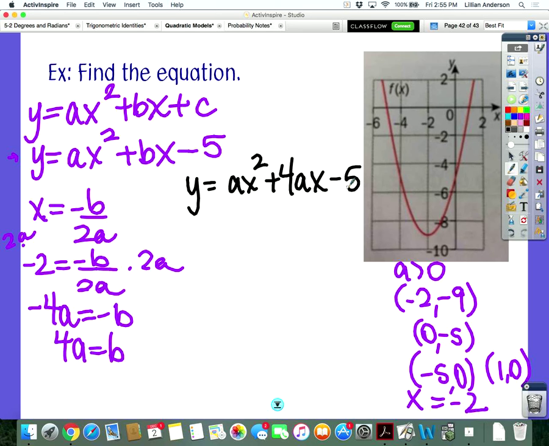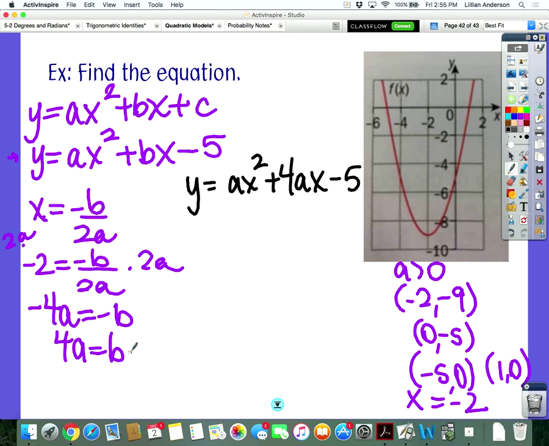Because now, instead of having my two variables in one equation, I now just have one variable in my equation that I need to find. And once I find a, I can plug it back in down here to find b. So, how do I find a?